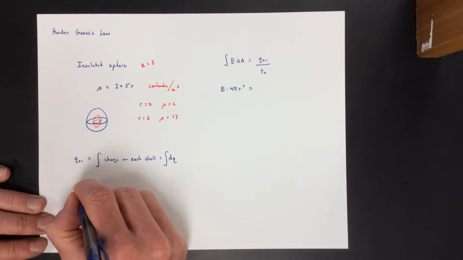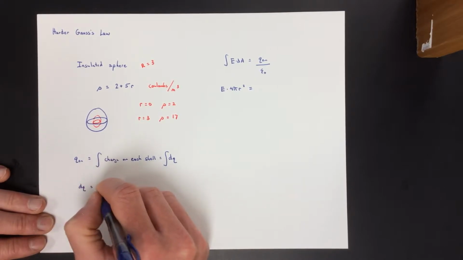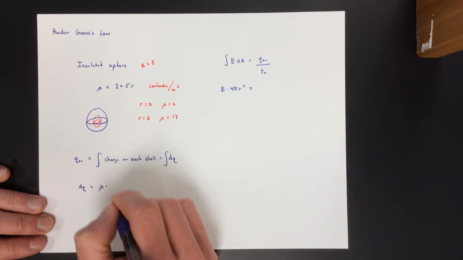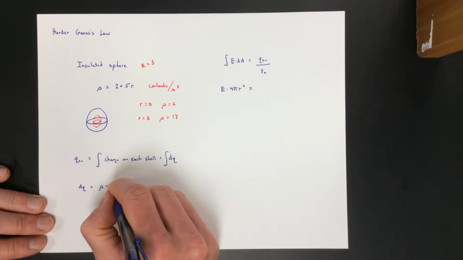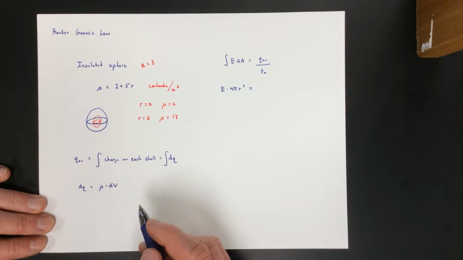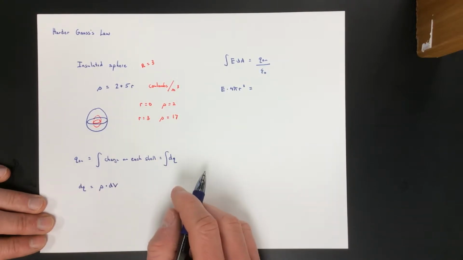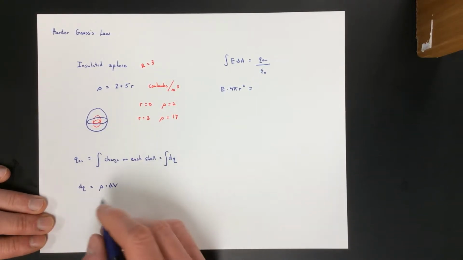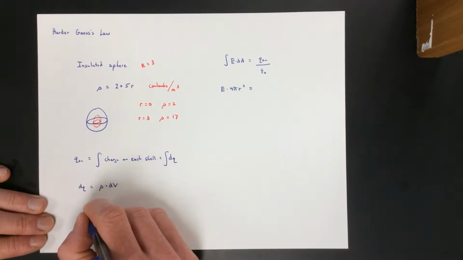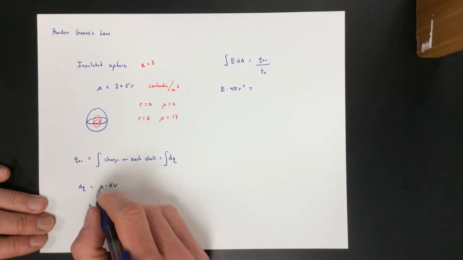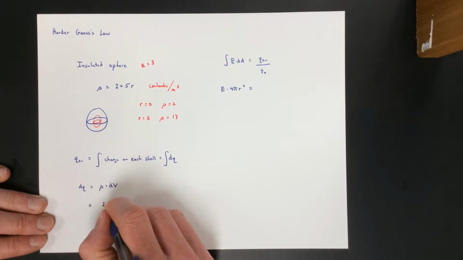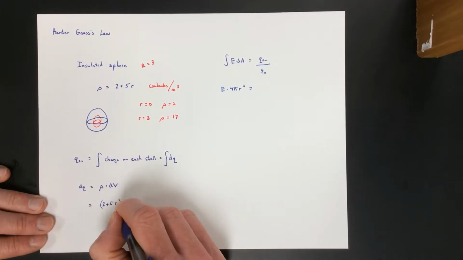Okay, so what's dq? Well, dq should be the density of each shell, which we have a formula for, times the volume of each shell, which is dV. Think of differentials in terms of calculus. The differential of volume is dV, which is the volume of each particular spherical shell. So our dq is going to be 2 plus 5r times dV.